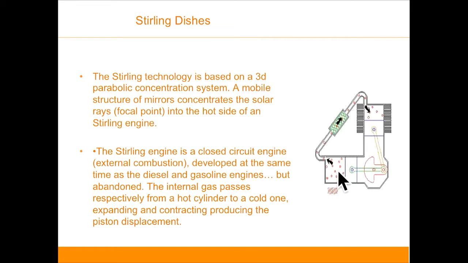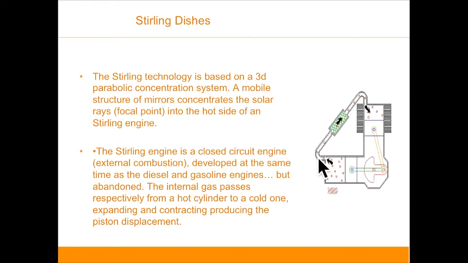Then you have two chambers. One is located in the hot cylinder and the other in the cool cylinder, obviously having a certain refrigeration system, normally water or something like that, to cool that piston. And then the gas is moving from one cylinder to the other. When all the gas is in the hot cylinder, the gas is hot, so it expands, and a relevant internal pressure is produced to push that piston.